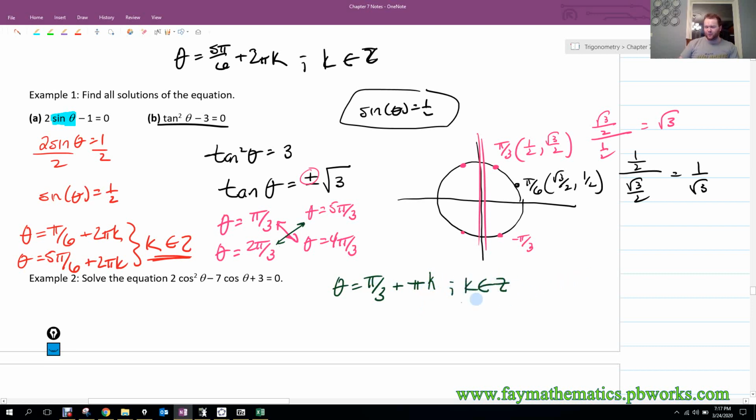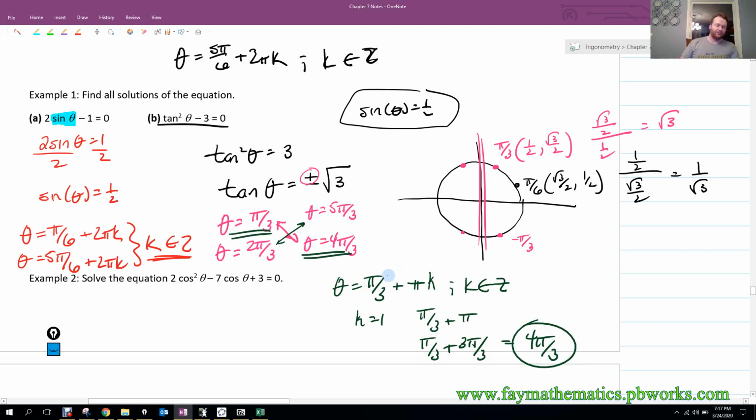When k is 1, this would be pi over 3 plus pi, which if I rewrite with common denominators is pi over 3 plus 3 pi over 3, that's 4 pi over 3. Same as that answer there.